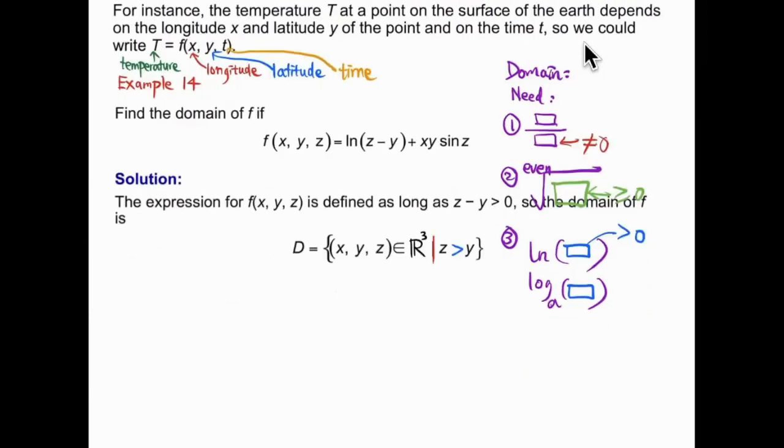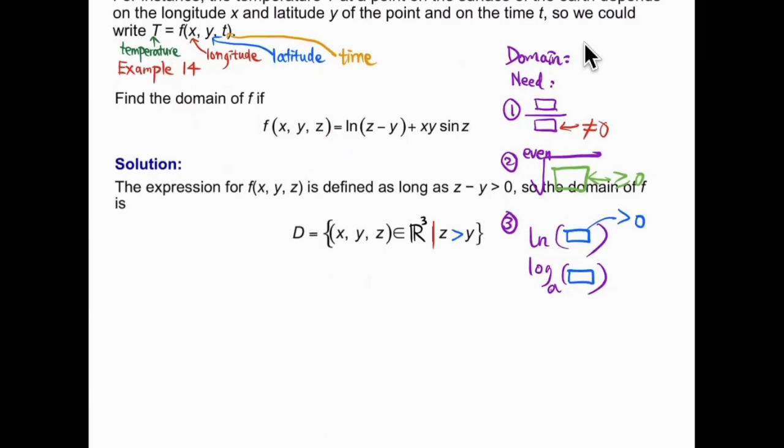Next, let's try to find the domain of a function of three variables. This is a function of three variables, x, y, z. It's given by this expression. But before we find the domain of this function, let's review the basic steps to find a domain.